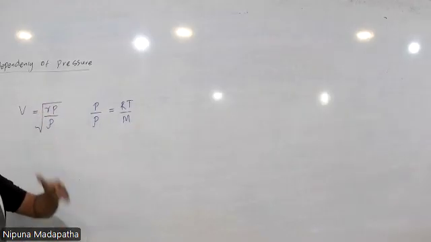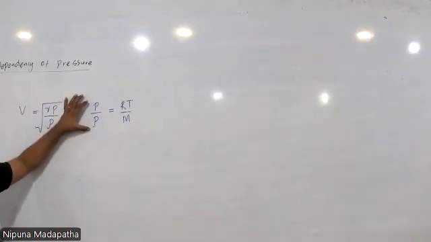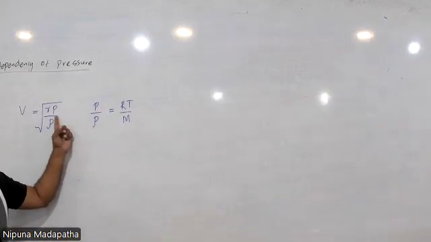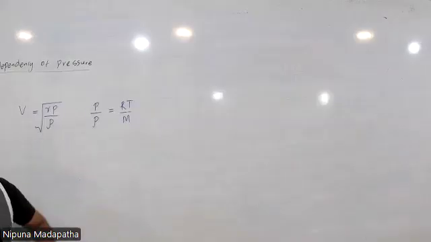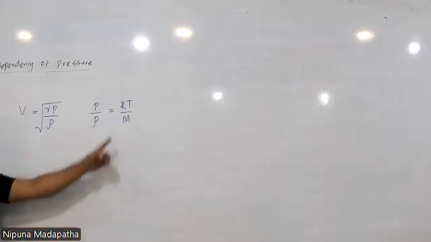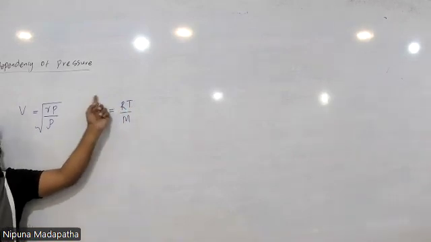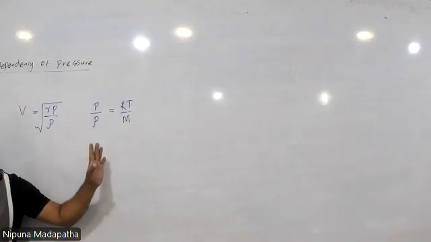If you decrease pressure, density decreases, and it maintains that P over rho ratio as a constant. That means when the temperature is constant, speed of sound in air does not depend on the pressure. It is independent from the pressure.